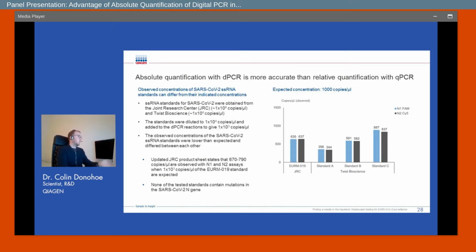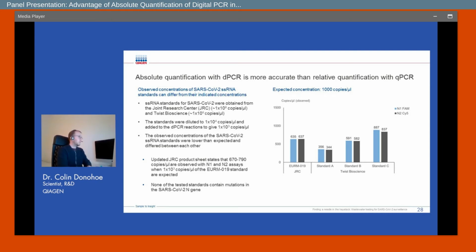Last but not least, we've also gathered from our experience in quantifying SARS-CoV-2 in wastewater that users coming from the qPCR world to the digital PCR world are sometimes surprised that their quantification expectations aren't matched when they come to digital PCR. And we found out that many times it's because concentration expectations determined with qPCR are determined using standards which are inaccurately quantified. Here we have 4 single-stranded RNA standards which were placed into digital PCR reactions at an expected concentration of 1,000 copies per microliter.